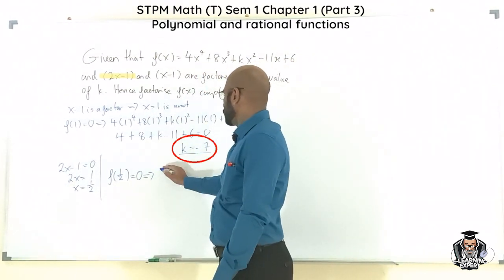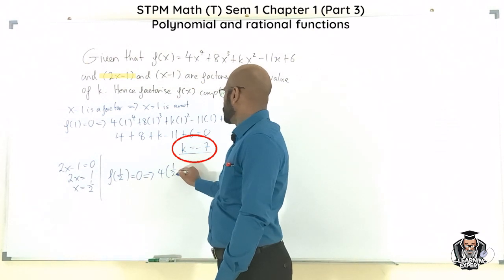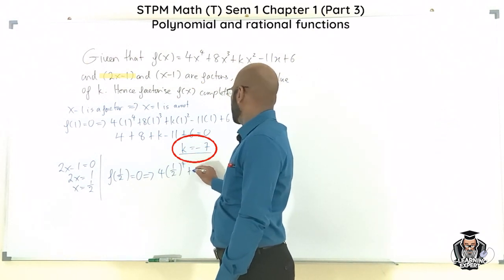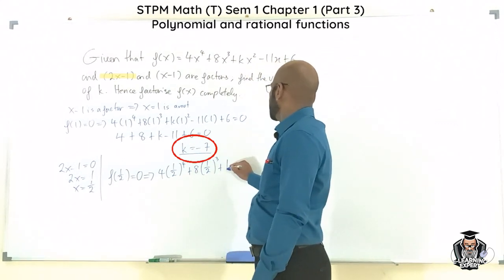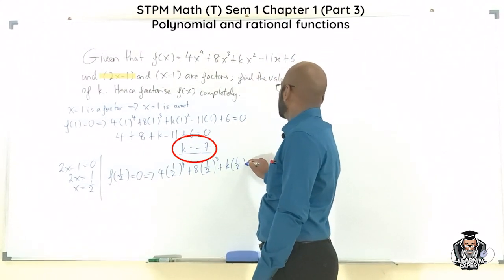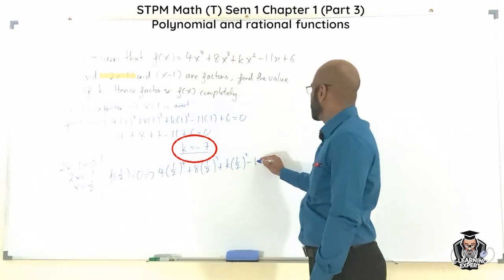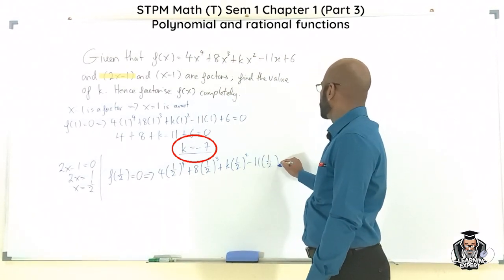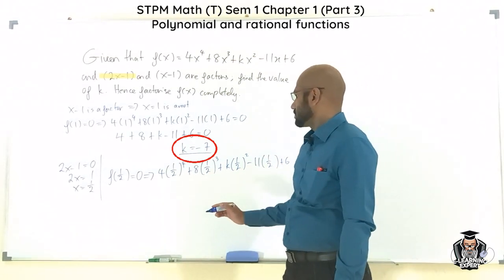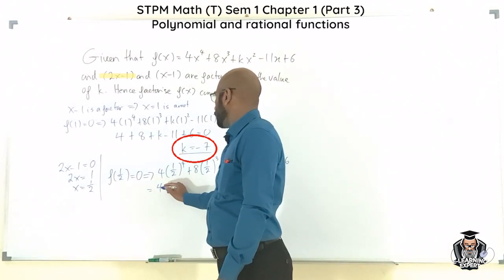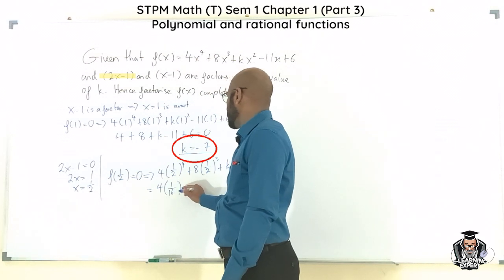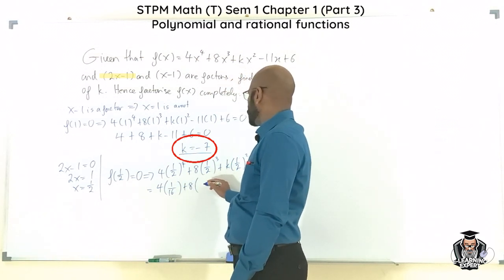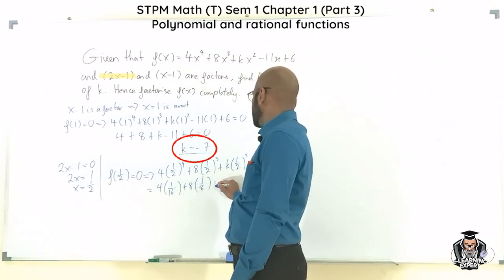So input this as 4 times 1 over 2 to the power 4 plus 8 times 1 over 2 cubed plus k times 1 over 2 squared minus 11 times 1 over 2 plus 6. So over here we've got 4 and half to the power of 4 is 1 over 16. 8 times 1 over 2 to the power 3 is 1 over 8.